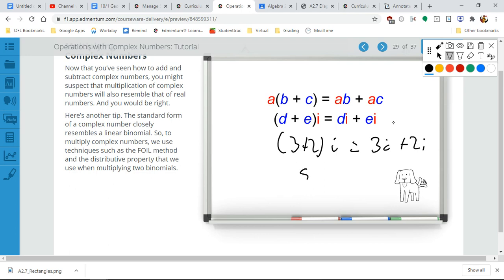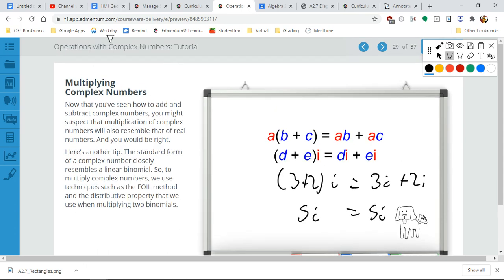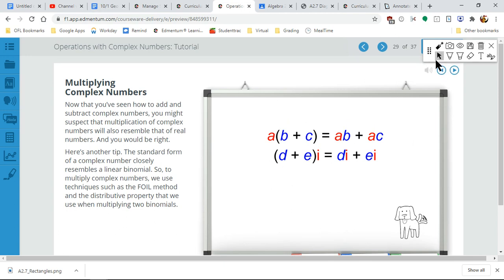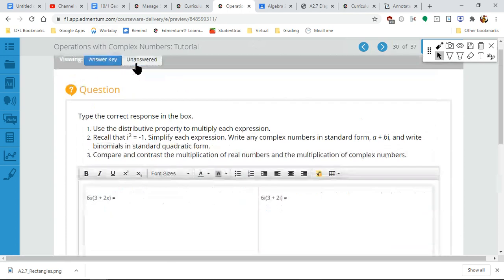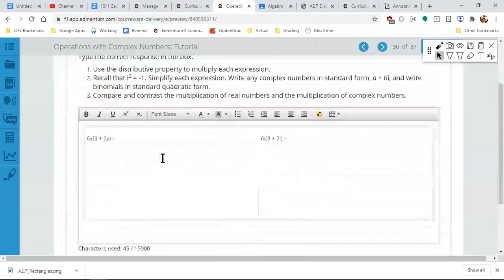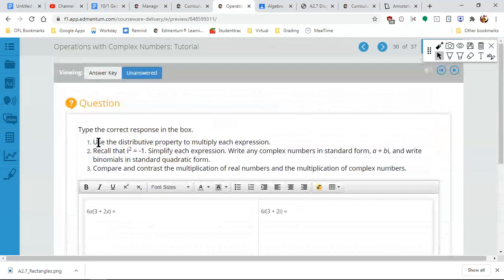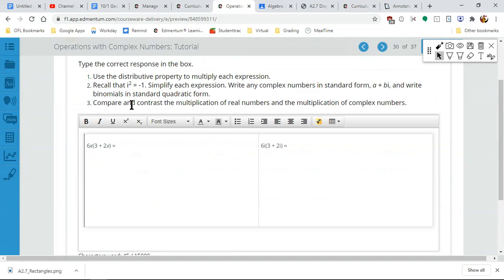Or we can think of it as 5i, which 3i plus 2i is also 5i. So it's just saying, hey, you can still do the distributive property. So complex numbers with the operations aren't that bad. The more complex stuff comes with the multiplying of the i's. So here it's like, can you use the distributive property? And then we're going to recall how to do it here.